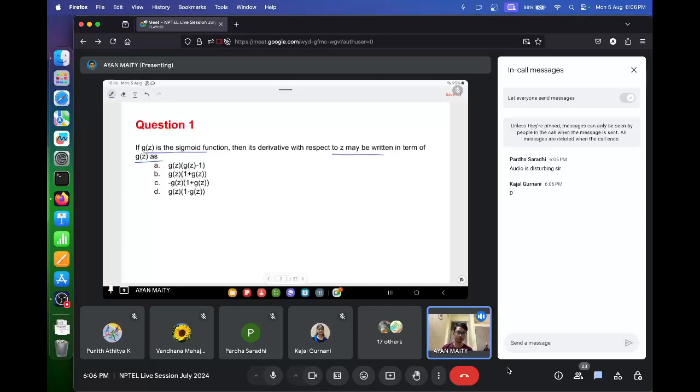Kajal Gurnani says option D, which is g(z) into 1 minus g(z).